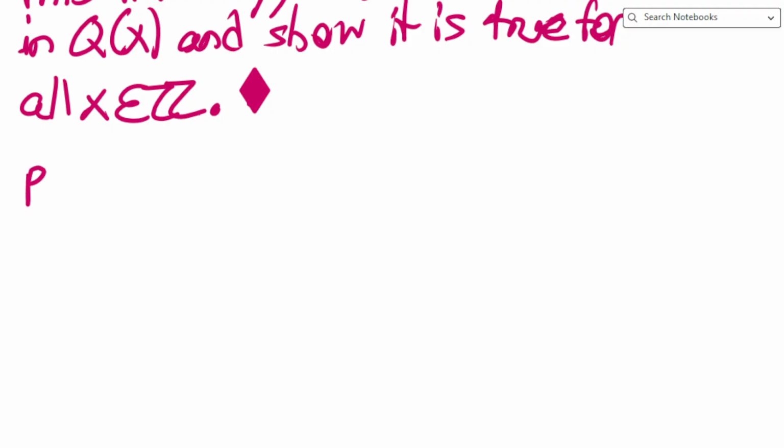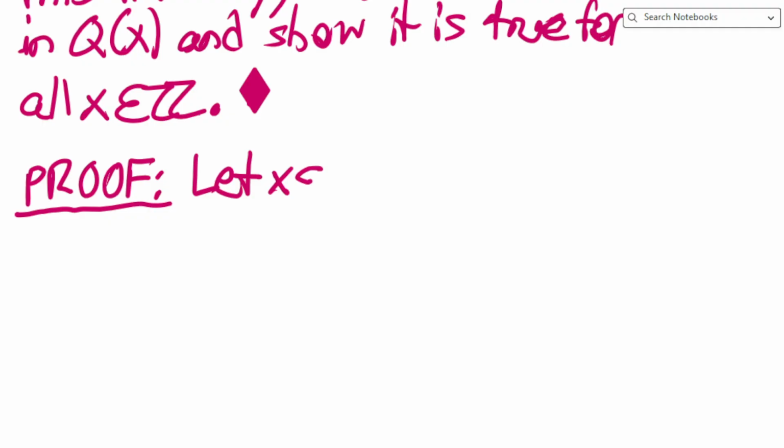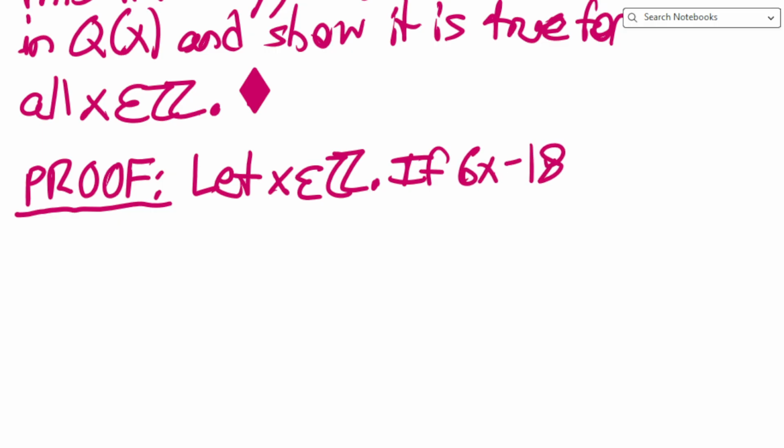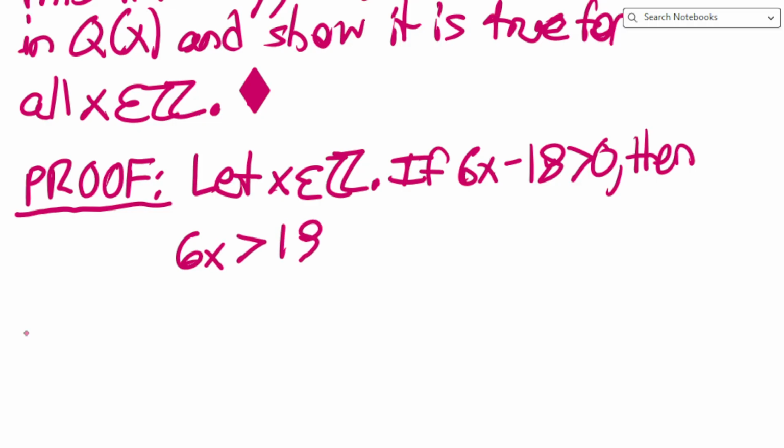All right, now let's write our proof. So, if you recall, we need to begin with the section title. This will be where we'll begin writing our proof. So, we'll first start by defining x as an integer. Then we will say if 6x minus 18 is greater than 0, then we'll just move that over.